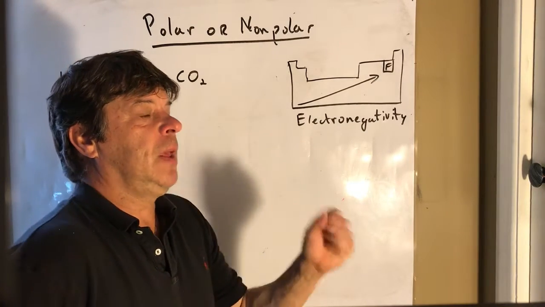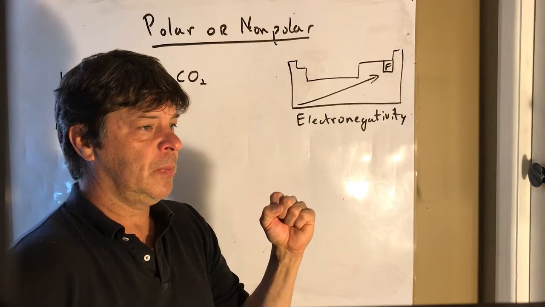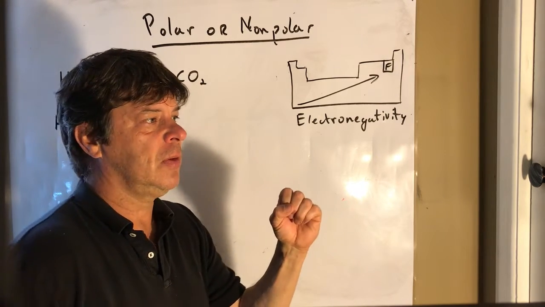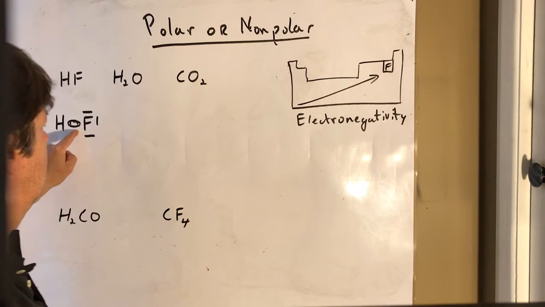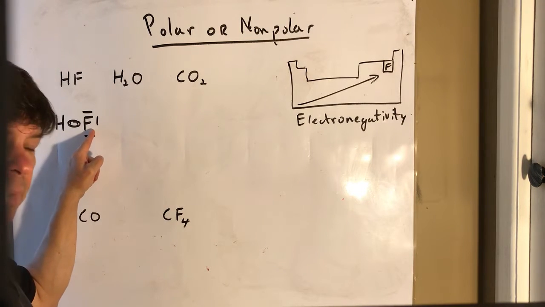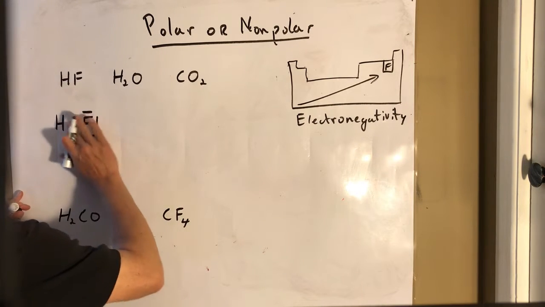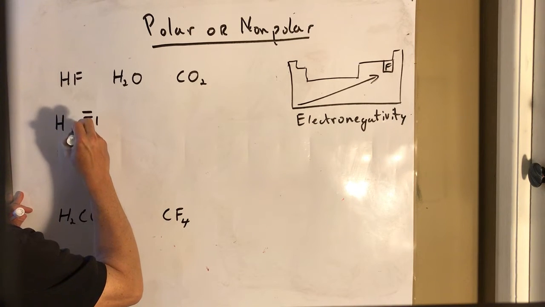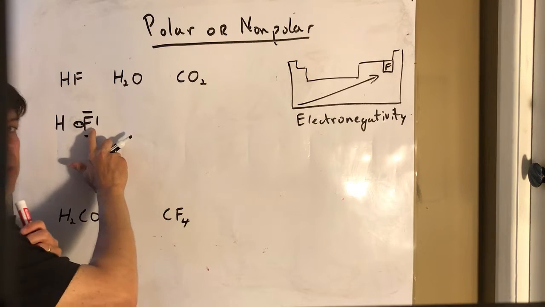Fluorine has the ability, because it's very small and has 9 protons, to attract electrons. So this pair of electrons is attracted to this fluorine. So if you think about electrons in orbitals, these electrons are spending most of their time closer to fluorine.